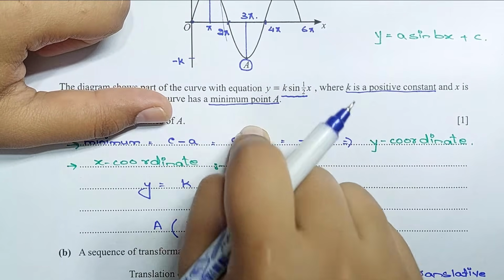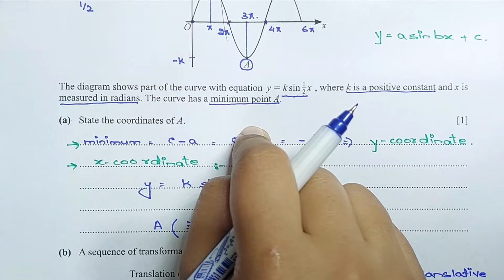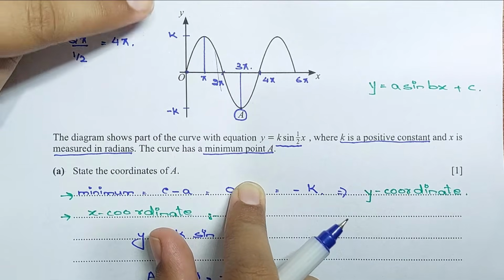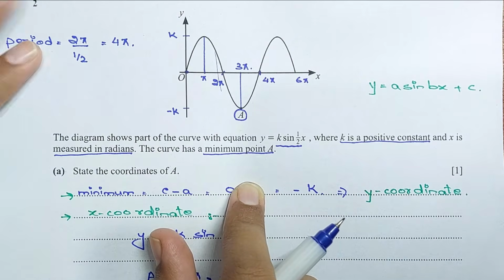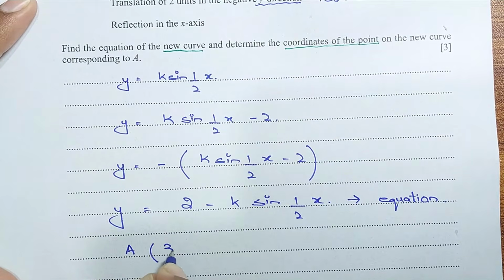Then we reflect this in the x-axis. So it is k plus 2 and the x coordinate stays the same. So the coordinate of A is 3 pi and k plus 2.